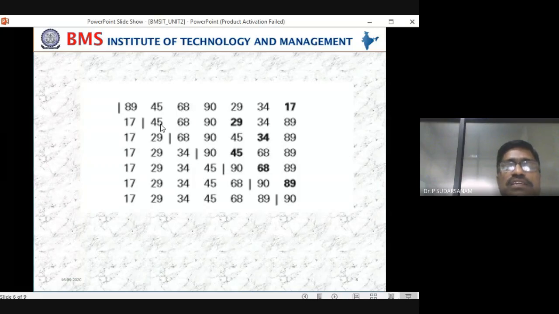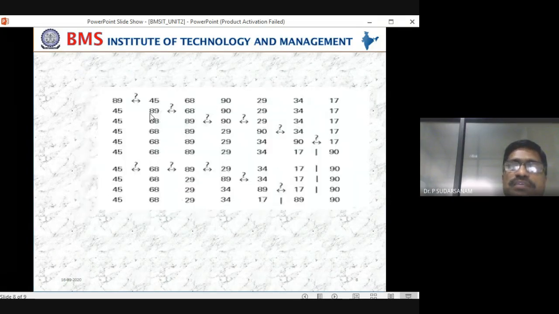That is what will happen in the next iteration. 29 coming here and this coming here. Next iteration, 34 is the minimum, so 34 will be coming here and 68 will be coming here. That is what will be happening in selection sort. Selection sort is nothing but finding the minimum element and placing it at the first location, and keep on doing the same thing.